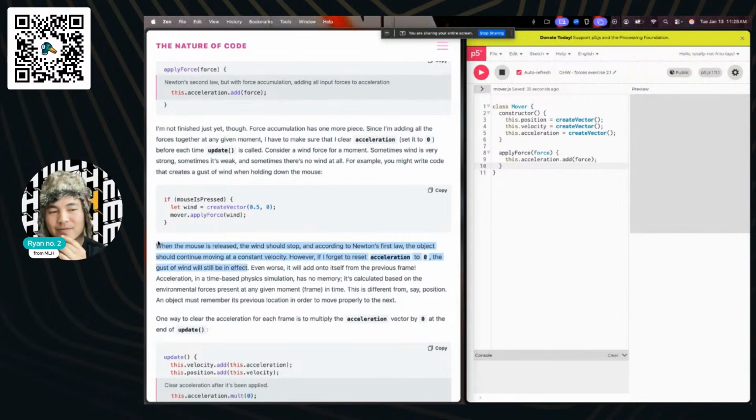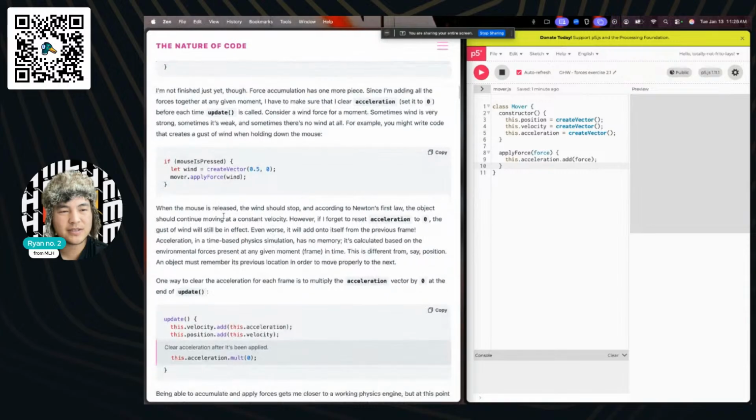Okay, so forces are the things that continue pushing things along, but if a force is no longer acting on it, then we need to actually clear the acceleration, because otherwise it's just going to continue getting faster and faster as if it is actually in action.